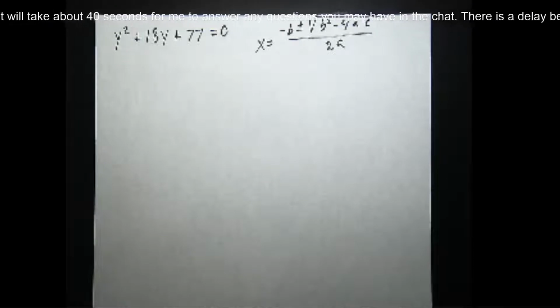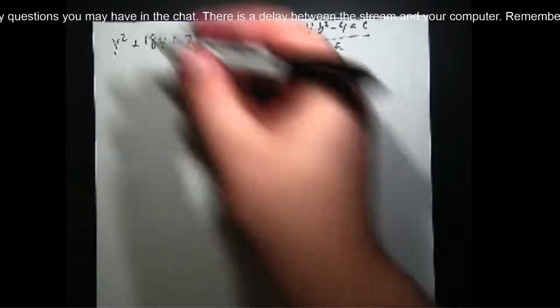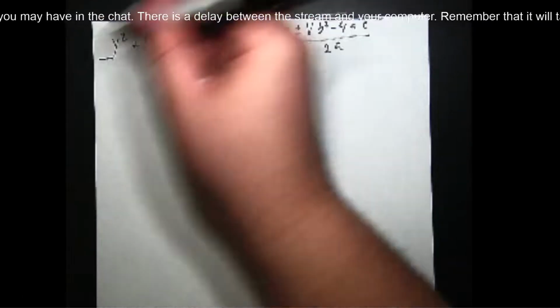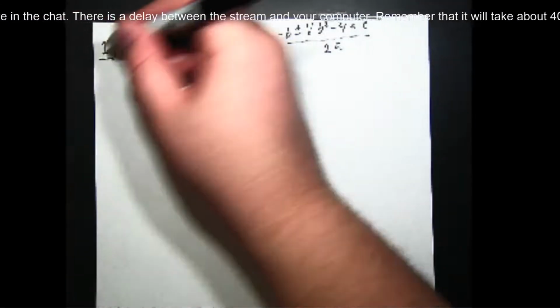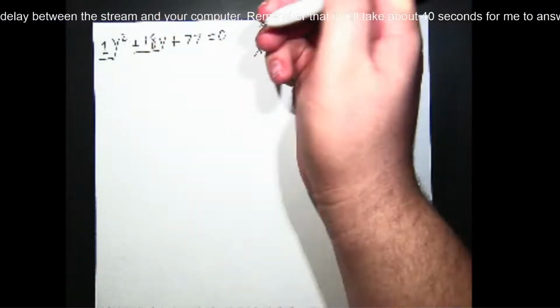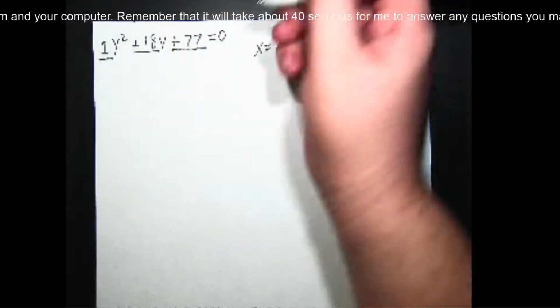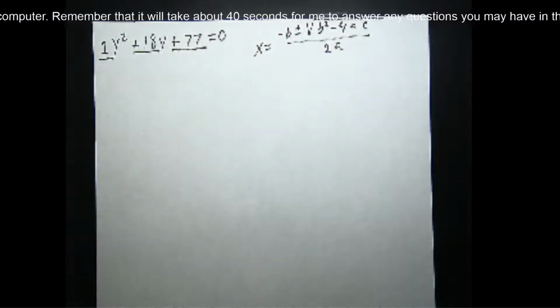What we're going to need to do is define our a, b, and c. Looking at the typical form of a quadratic, our a is that leading coefficient, in this case positive 1. B is the number in front of y, positive 18, and c is this constant, positive 77.